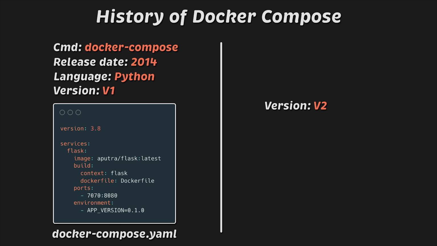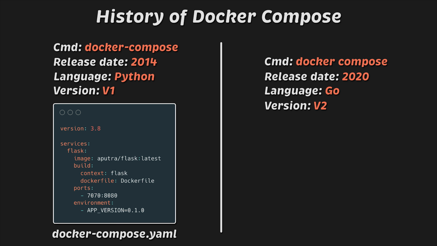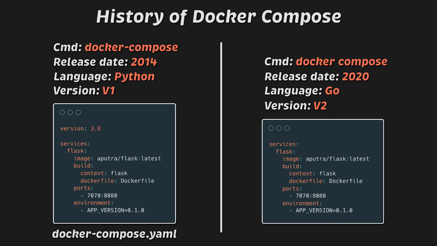Version 2 of the Docker Compose command line binary was announced in 2020. It was written in Go and invoked with the docker compose command. Compose v2 ignores the version top-level element in the compose.yaml file. This v2 version comes bundled with Docker itself. When you install Docker on your host or a laptop, Docker Compose is included.